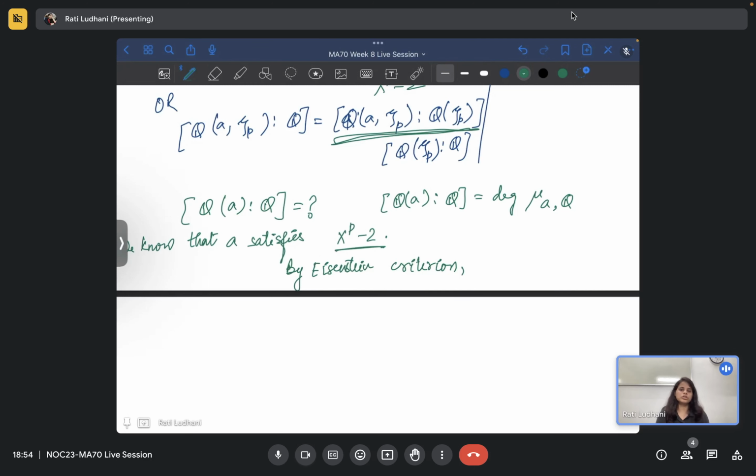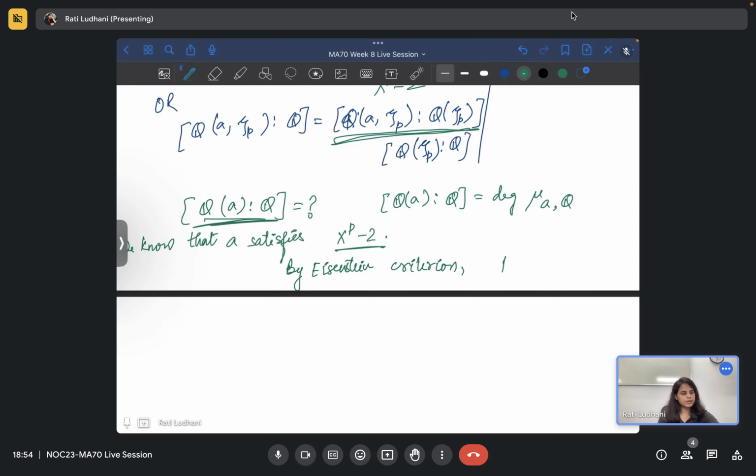We can do it over Q only; the Eisenstein criterion is for over Q. We cannot say anything over Q(zeta_p), but we can of course say over Q. So what does this say? You pick any prime.